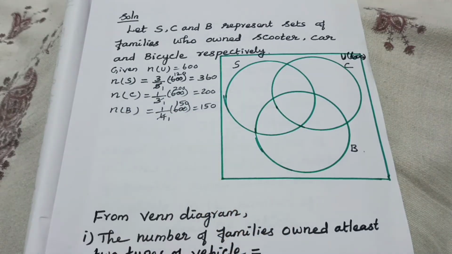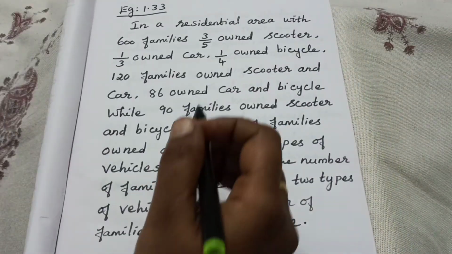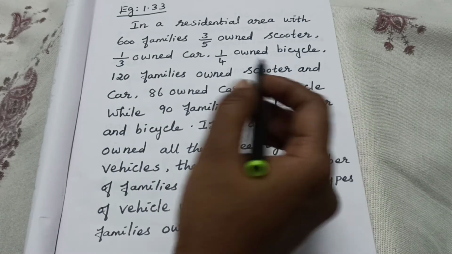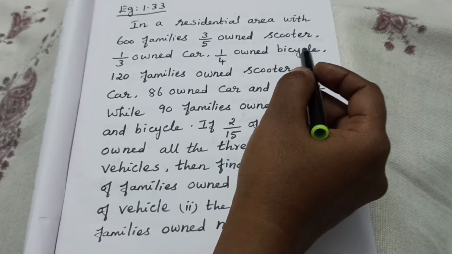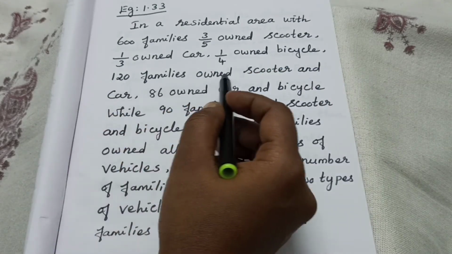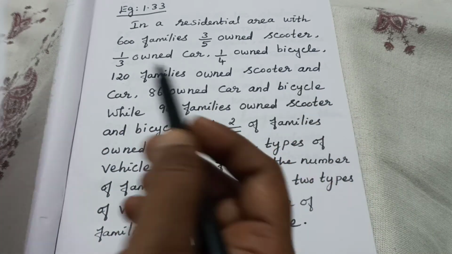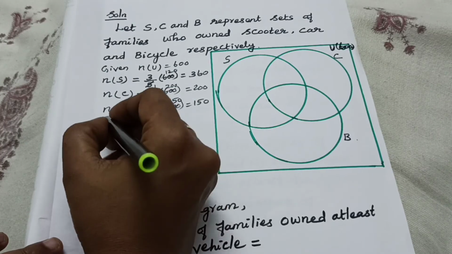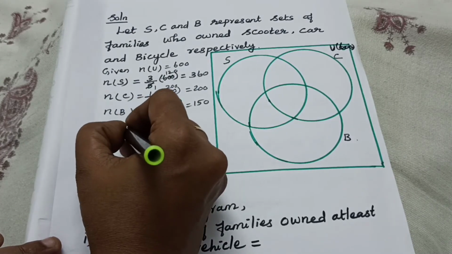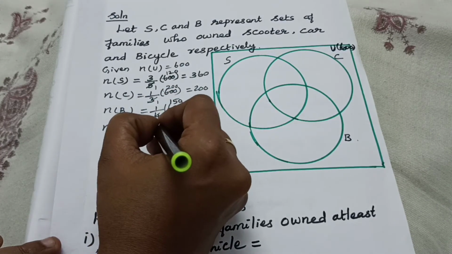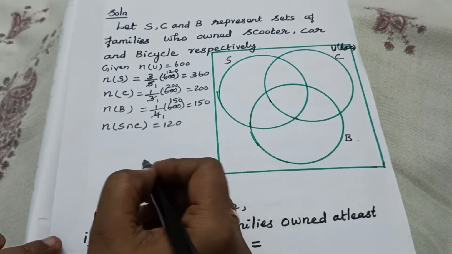Then again, what is given? How many of them use scooter and car? 120 families own scooter and car, 86 own car and bicycle. Everything is given here. Then n of S intersection C is 120.